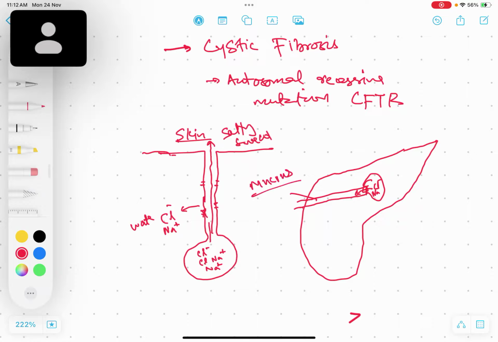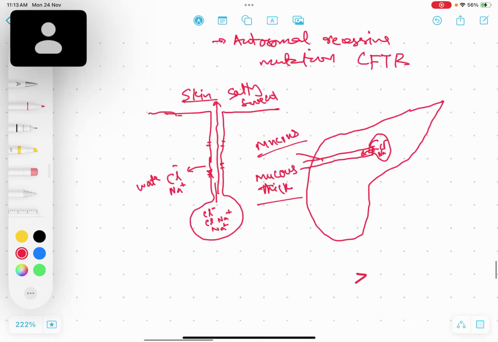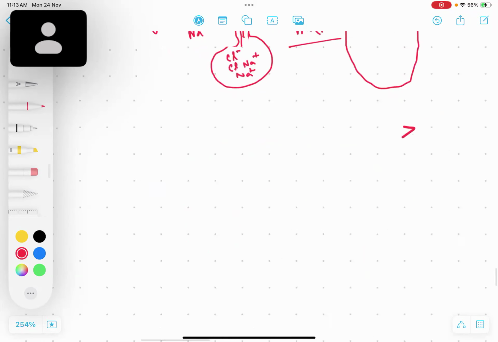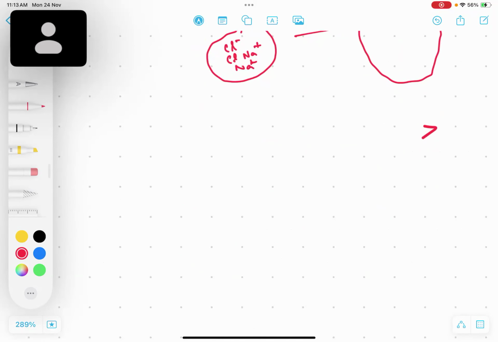But if these are defective, no chloride will be secreted into these ducts, so the mucus will be very thick. Okay, so you'll have very thick mucus. The same happens in all of the other glands all over the body, right? You have decreased water content, which causes this thick and viscous mucus. Okay.